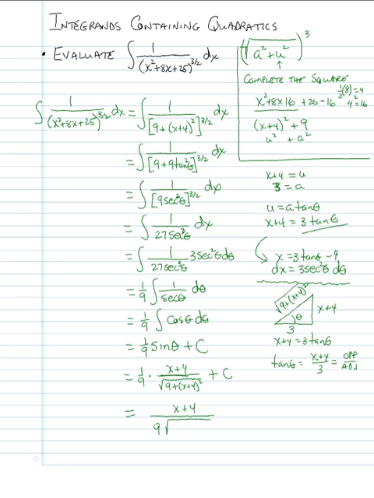So if we were to multiply that out and add terms, we would get x squared plus 8x plus 25 under that radical, plus our constant of integration. So that's a little technique that we can always consider, and we've seen that throughout the semester. Completing the square is very useful occasionally.